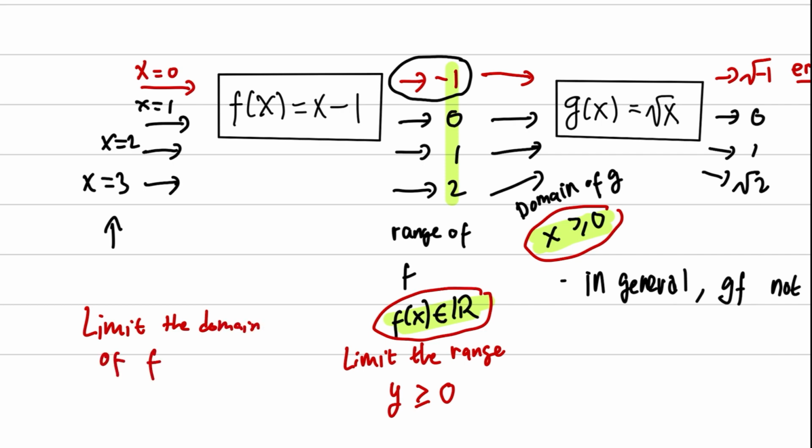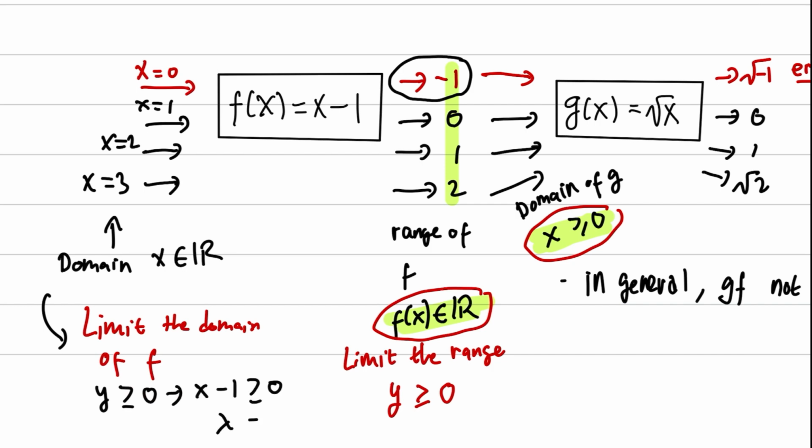Before, the domain of our f is any real number. But now we have to limit our domain because we limit our range. So how to make y bigger than or equal to 0? We have to put any value as long as it is more than or equal to 1, because y is more than or equal to 0 and our y is x minus 1.